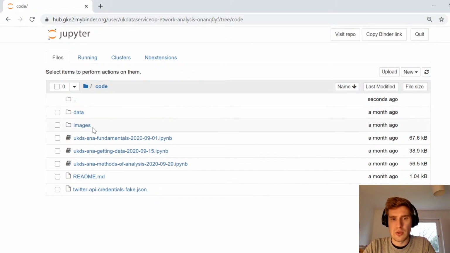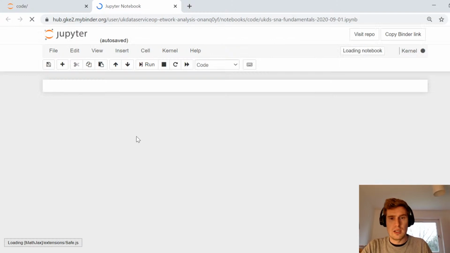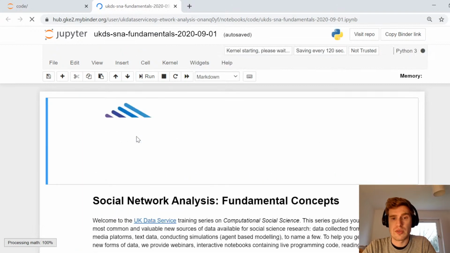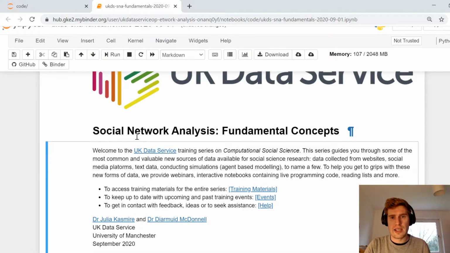Now those Jupyter Notebooks I showed you before are interactive. If I click on the fundamentals Jupyter Notebook, that'll launch the programming code we're going to use today. Excellent.